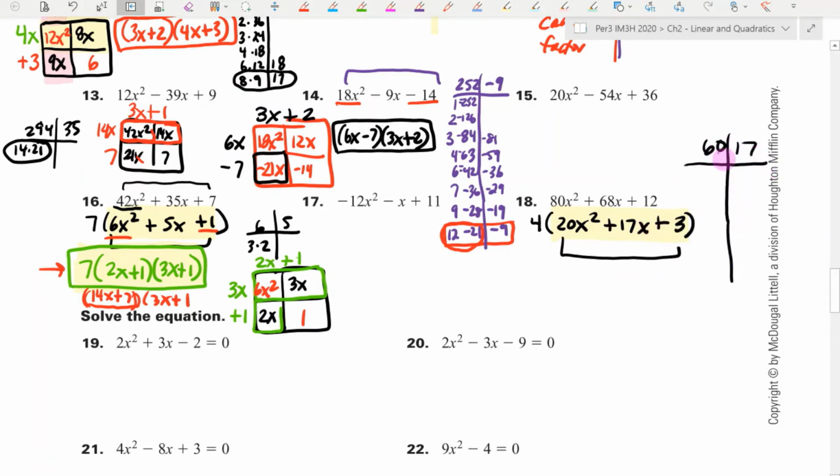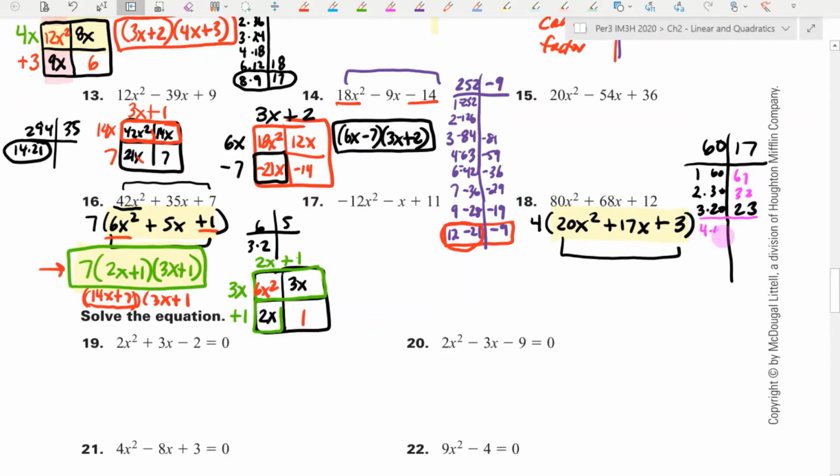Again, the square root of 60 is 7 point something, so you only have to try the numbers 1 through 7. Okay, so 1 times 60, 2 times 30, 3 times 20. That gives you 23 because everything is positive in this problem. So be careful there because 20 times 3, you could get 17 if that 60 was negative. But the 60 is positive, so that will give you 23.